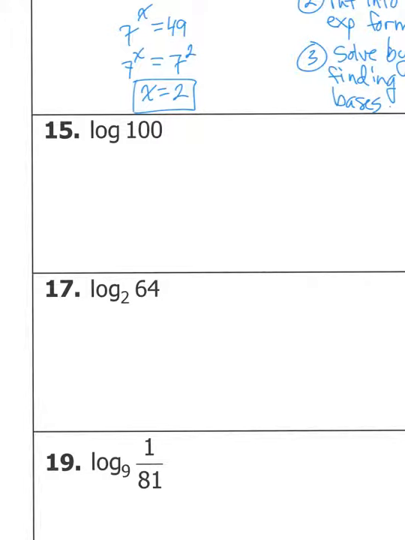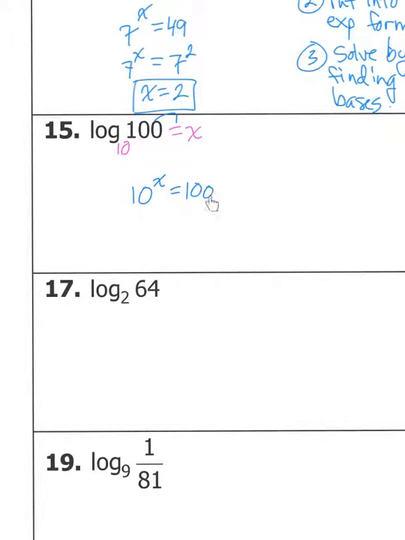Then 15, I'm going to set this equal to x. This time I don't see a base. If I don't see a base, remember it's understood that it's a base 10. So I'm going to take that base of 10, and I'm going to switch these two. So 10 to the x is equal to 100. This is called a power of 10.